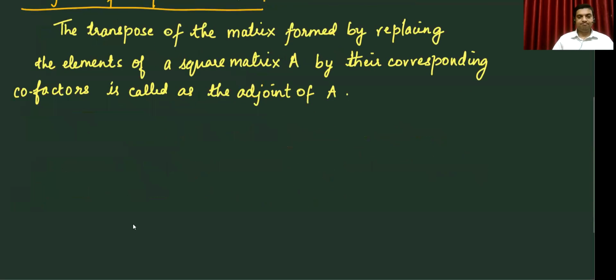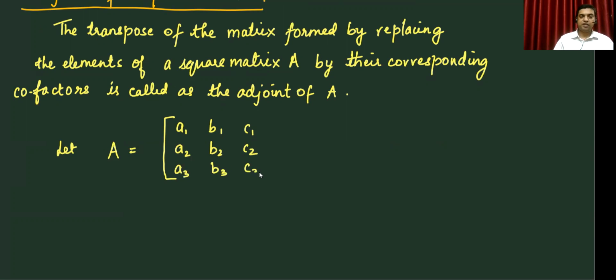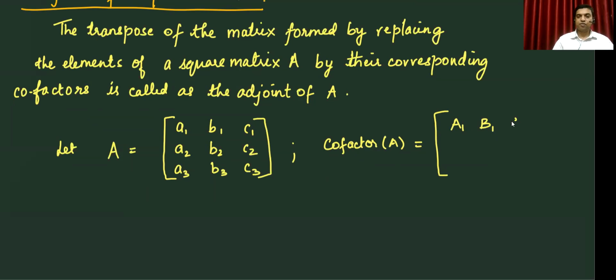So let A be equal to the matrix with rows A1, B1, C1; A2, B2, C2; A3, B3, C3. Now, the cofactor matrix of A is obtained by replacing A1 by its cofactor, B1 by its cofactor, C1 by its cofactor.